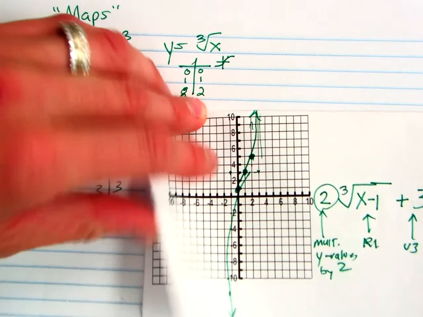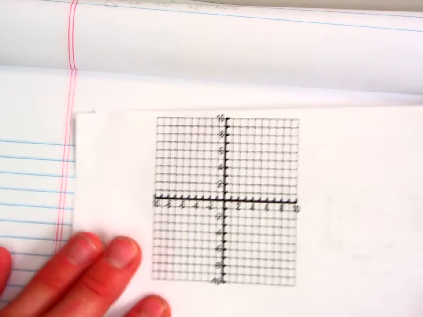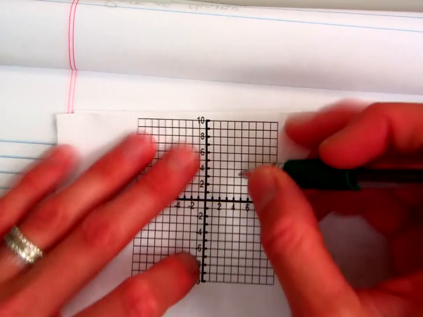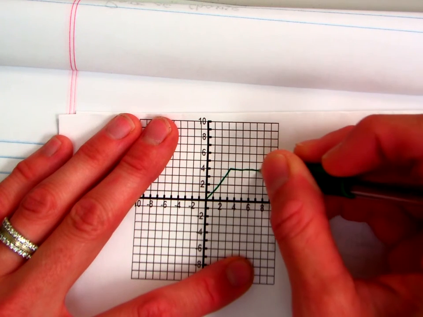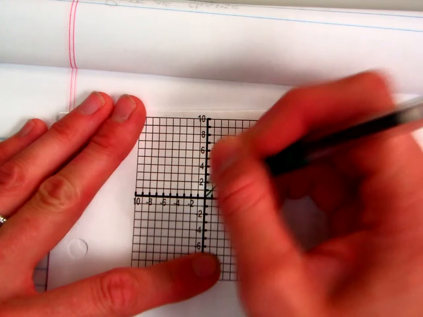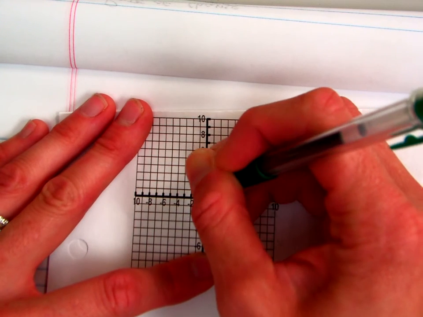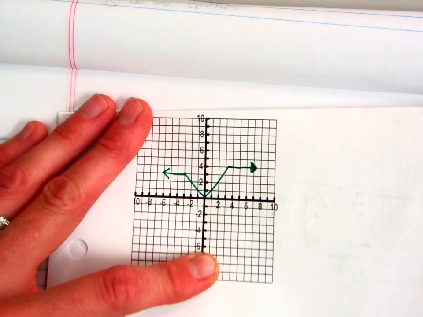Let's do one more, just a general graph without a map. This is something we haven't quite covered in class yet, but maybe helpful for some of you. Let's say we have a graph that might look like this. Let's put an arrow there, and then okay, so let's say we have this function.